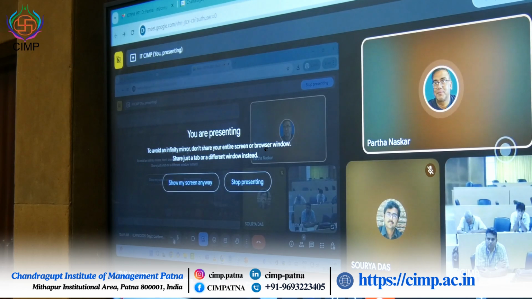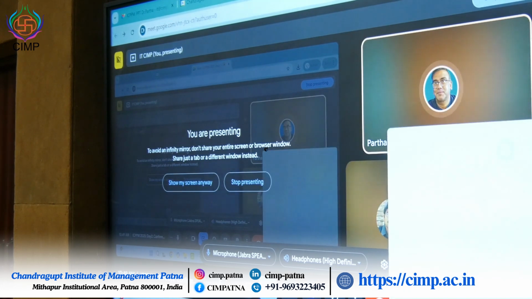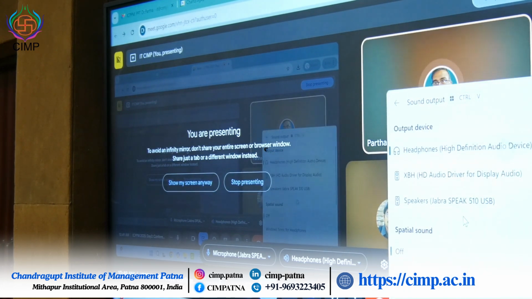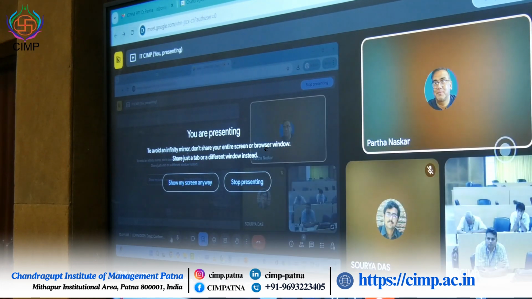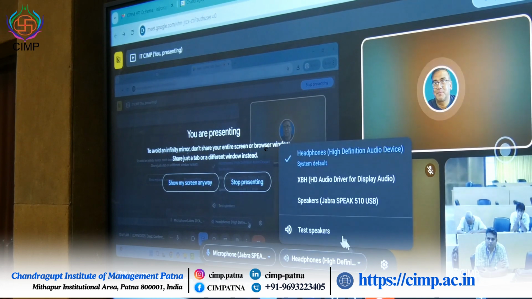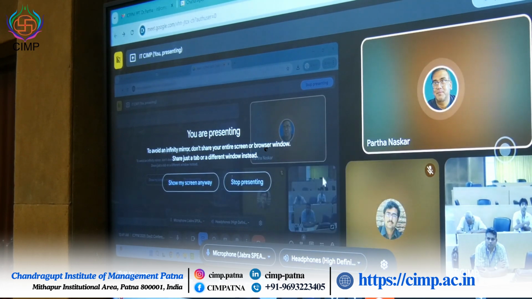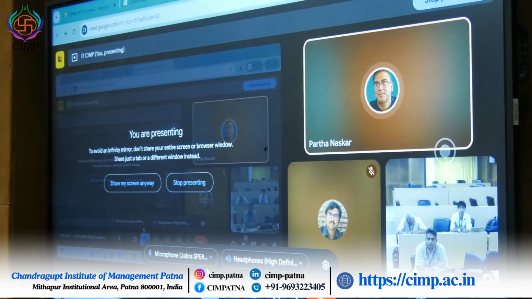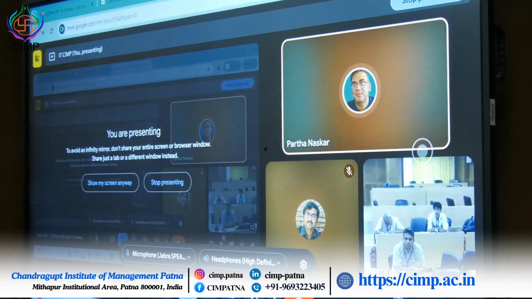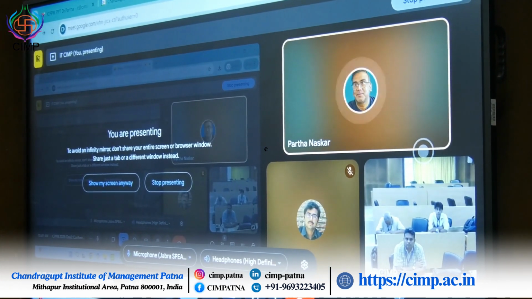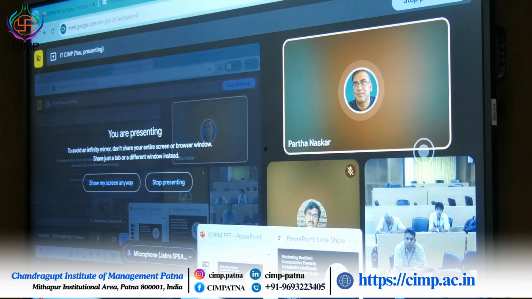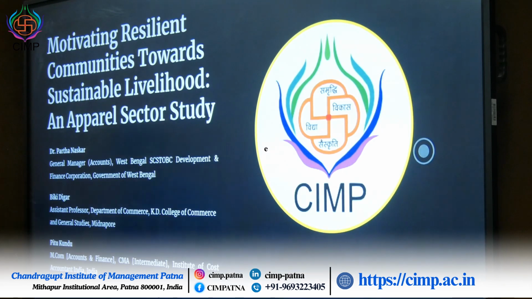And since my department works on backward class welfare, specifically for SC, ST, OBC and other marginalized populations, providing loans, training programs, schemes, subsidies and other beneficial schemes for the lower populations, I attempted a study on these sustainable measures for marginalized and vulnerable communities. For that, we have focused on sustainable livelihood studies.